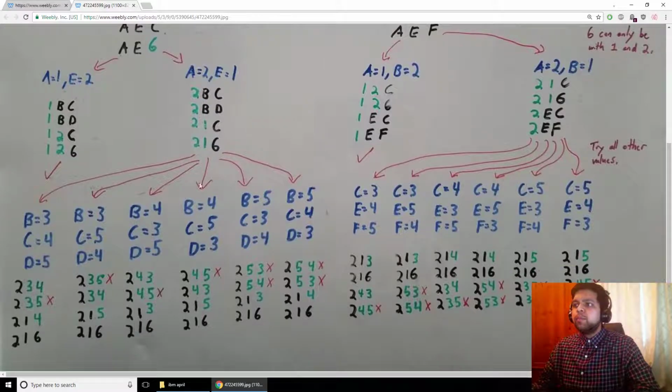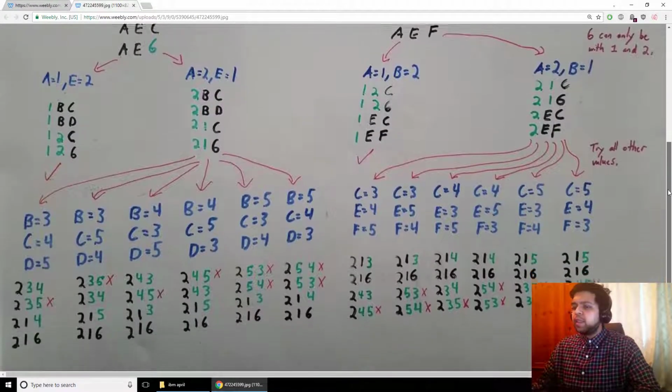And then from there, we still need the 3, 4, and 5-gram balloons to show up for balloons B, C, and D. And we can try all those possibilities, which means that we could try B equals 3, C equals 4, D equals 5. We could try B equals 5, C equals 3, D equals 4, etc. But once you fill those in, you're going to find that there's an issue.